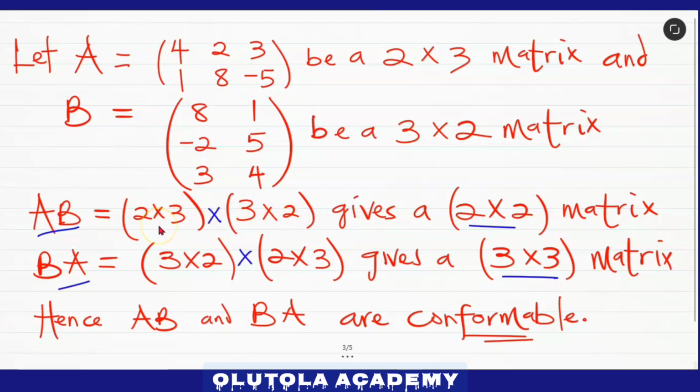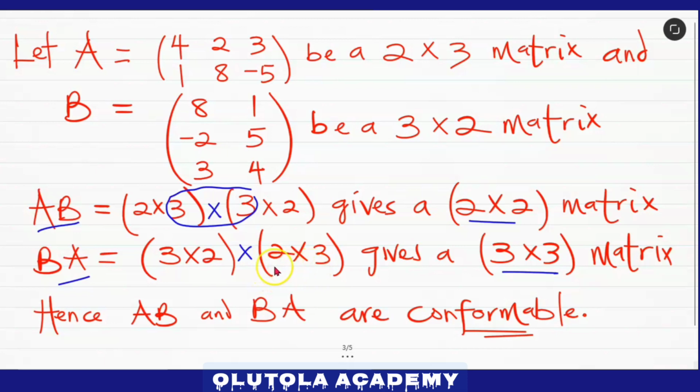So when we multiply matrix A and matrix B together, we are going to have a 2 by 2 matrix. Similarly, when we do BA, we multiply a 3 by 2 matrix with a 2 by 3 matrix, and we are going to have a 3 by 3 matrix as the answer.